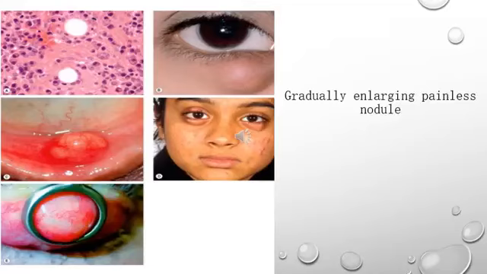Eversion of the lid may show an associated polypoidal granuloma if the lesion has ruptured through the tarsal plate. Patients with meibomian gland disease or rosacea are at increased risk of chalazion formation, which may be multiple, as you see in this patient, and recurrent.